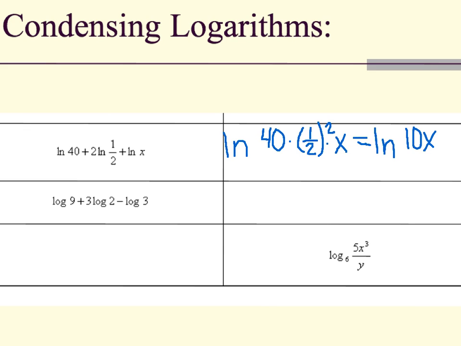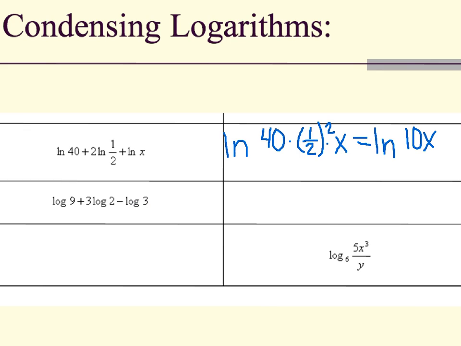This next one, again, we've got addition, so we're going to have to do the 9 times the 2, but this 3 is going to have to come up and be the exponent. So it's going to be 9 times 2 to the third. Then we got that minus, so then we're going to have to divide now by 3.